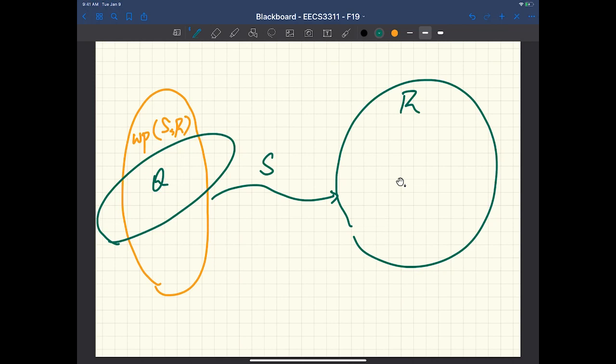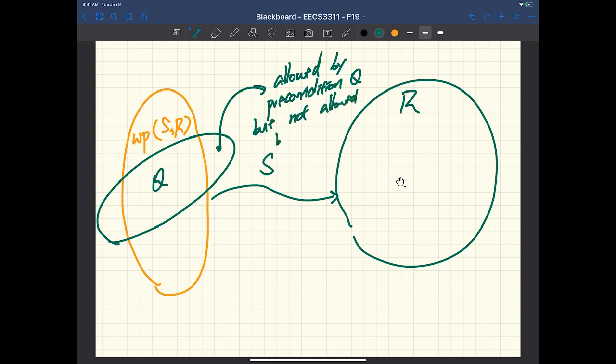Conceptually, which means Q is not exactly a subset of WP. So now, the Hoare triple is going to be false. For example, you can see this state over here. Think about this particular state. This is allowed by precondition Q, but not allowed by the WP for S to establish R. Well, actually, let me not talk about subset because they are predicates.